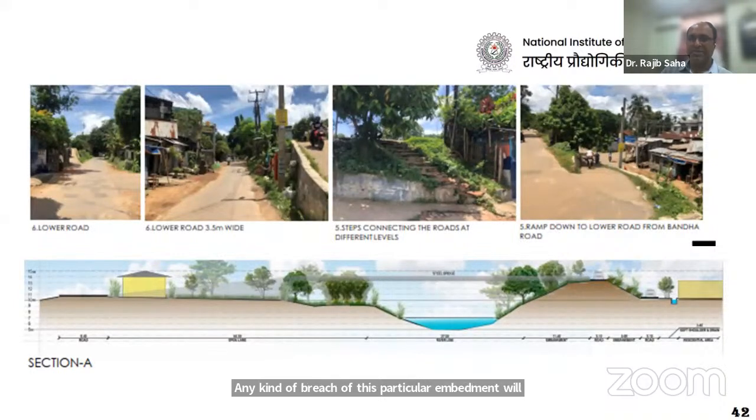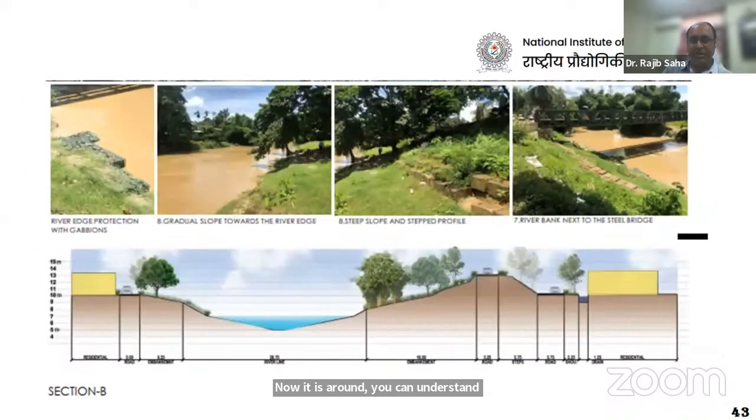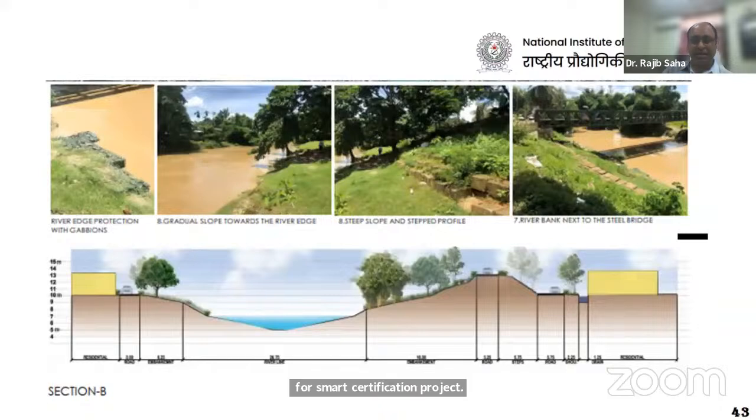This particular embankment was made during the kingdom period, by the Raja, in the 1800s. You can understand that more than 100 years have passed. This embankment needs a health assessment for the Smart City Mission project. These are snapshots of the cross sections developed from the bathymetry survey.